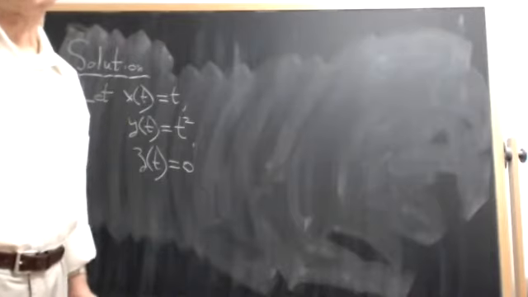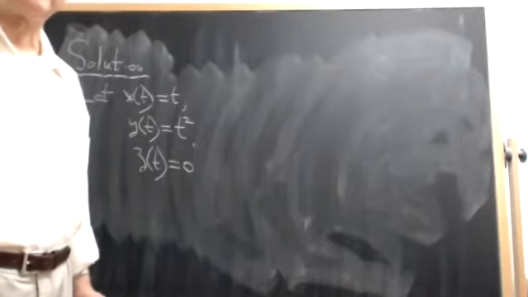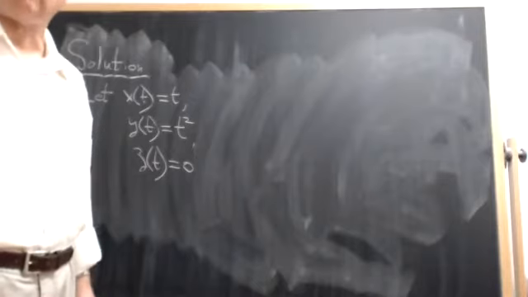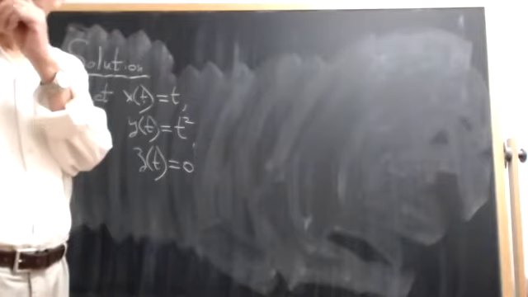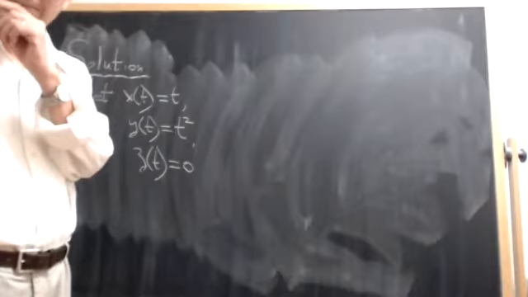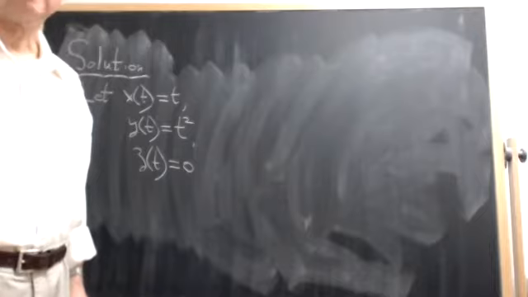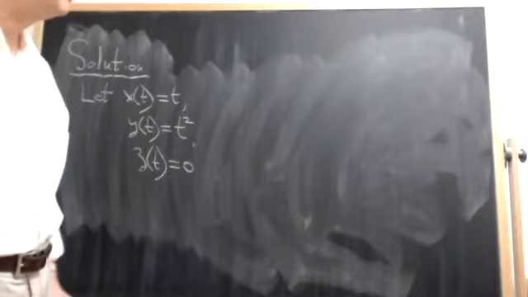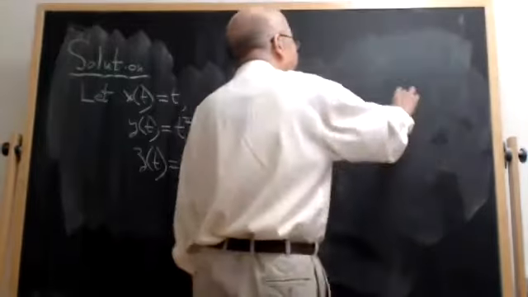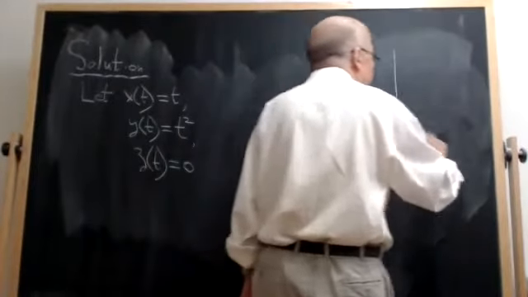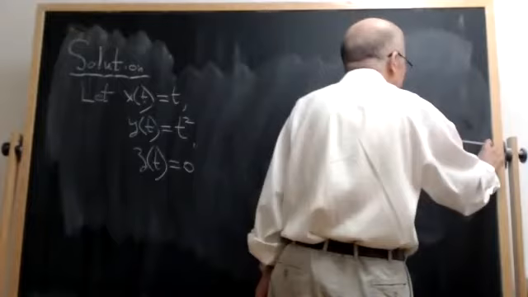Now, can you figure out what the graph of r of t is? What is it? Well, the z will for sure be 0. So then it's just, so the graph will just be t plus t squared, I believe.